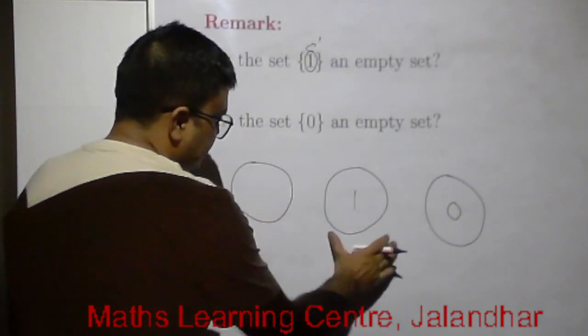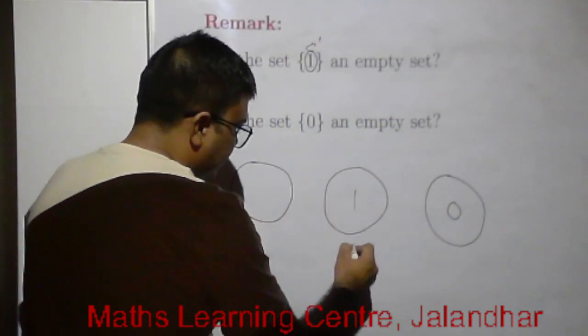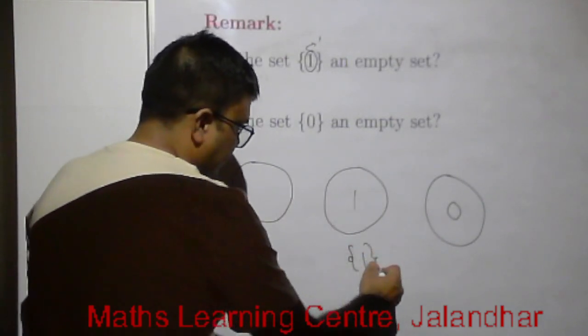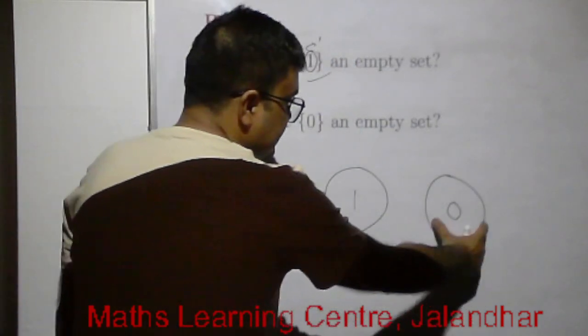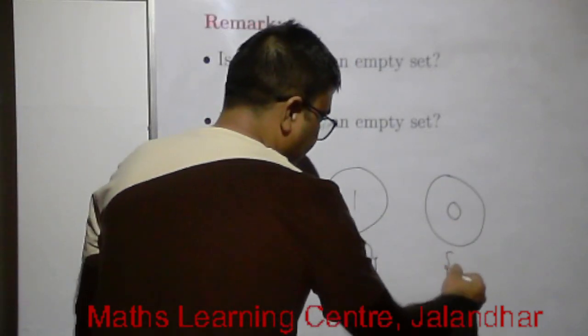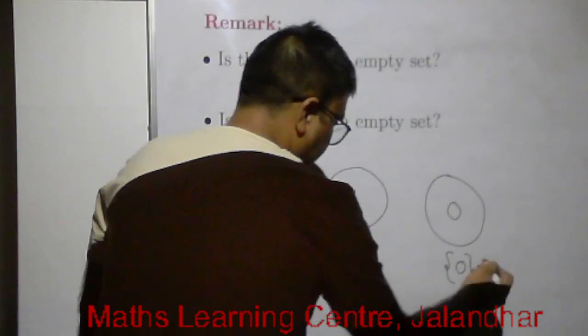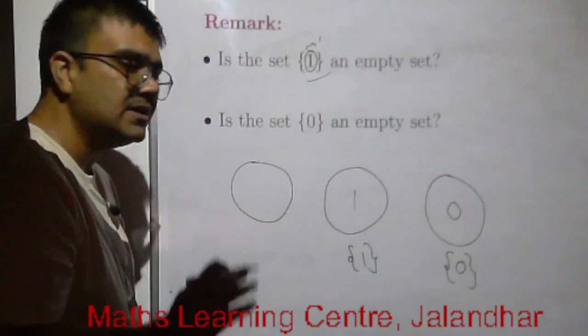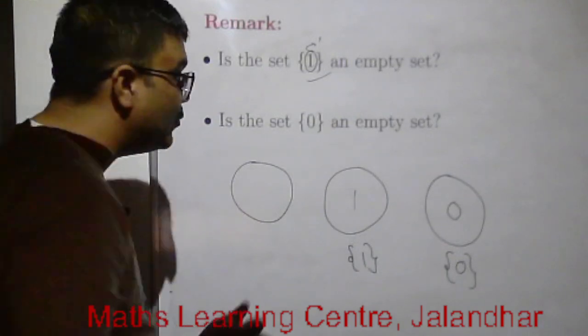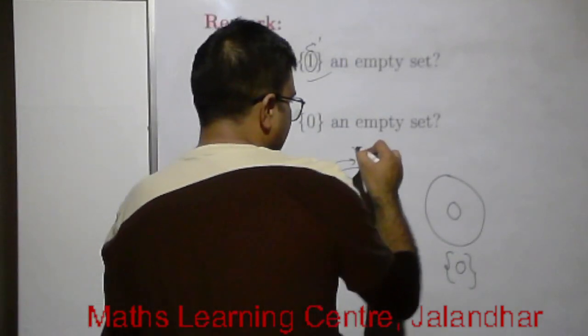What is this representing? This is a set with the element 1. Clearly it is not an empty set. This is the set with element number 0. In this set, there is an element that is number 0. How many elements are there in each set?